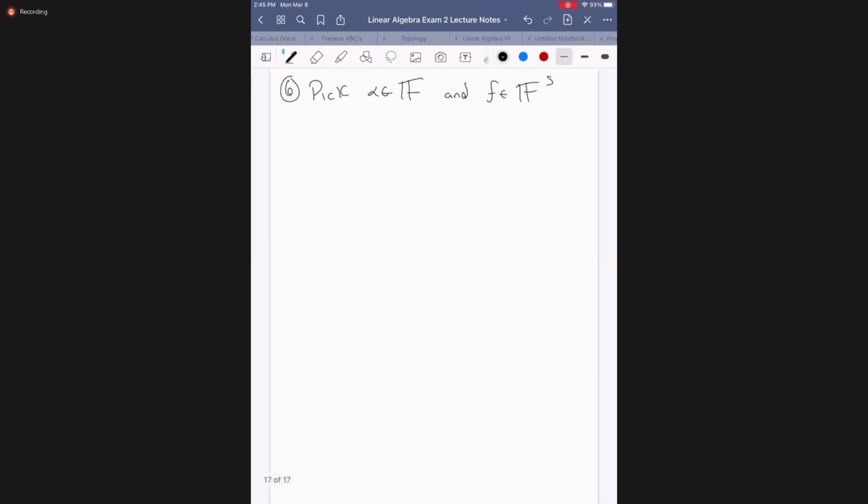Okay, so now for this one. Let's do f times this. Now this is going to be alpha times f of x. Both of these things are in F, and this multiplication is happening in F. Remember, I gave you that definition, fields are closed under multiplication, right?